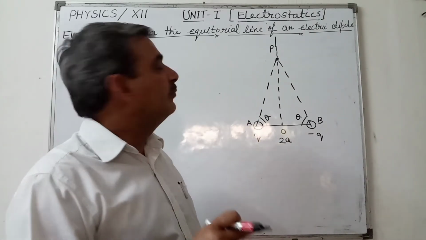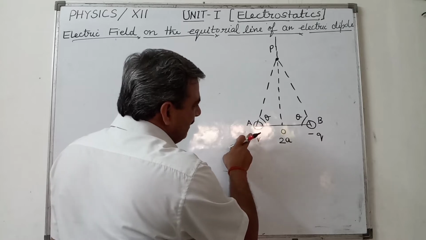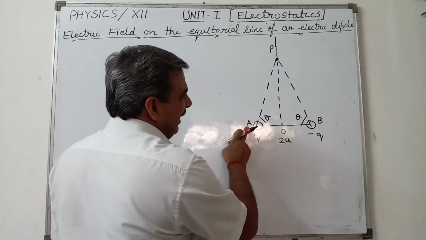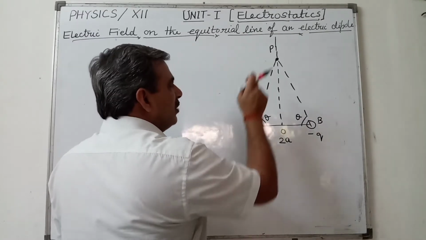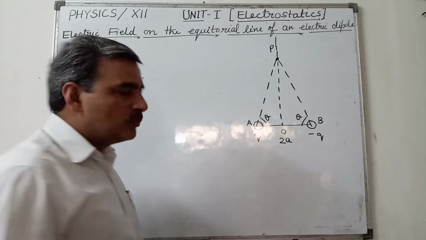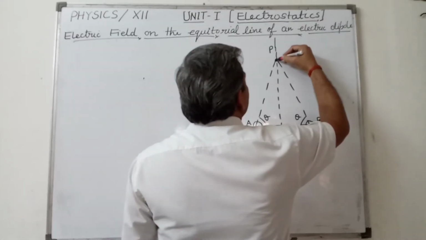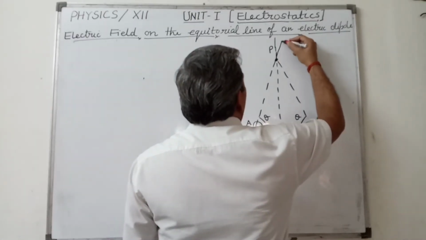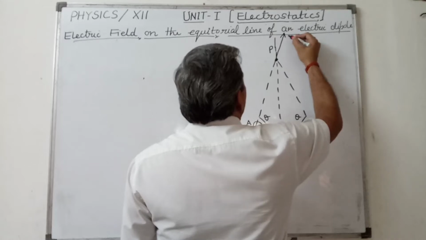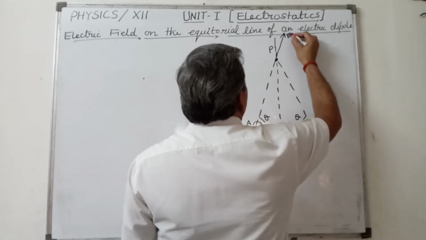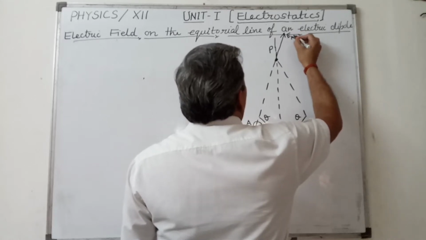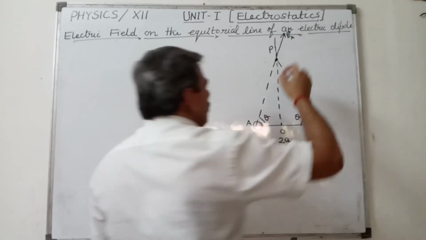That is important. Here, if you look at the charge q placed at A, due to this charge you have the field at the point P also, but the direction of the field is outwards, like this. You can represent this as EA. Why is it outwards?